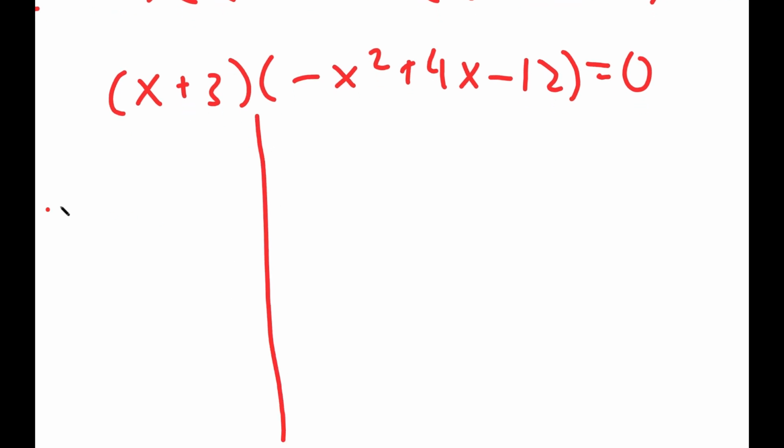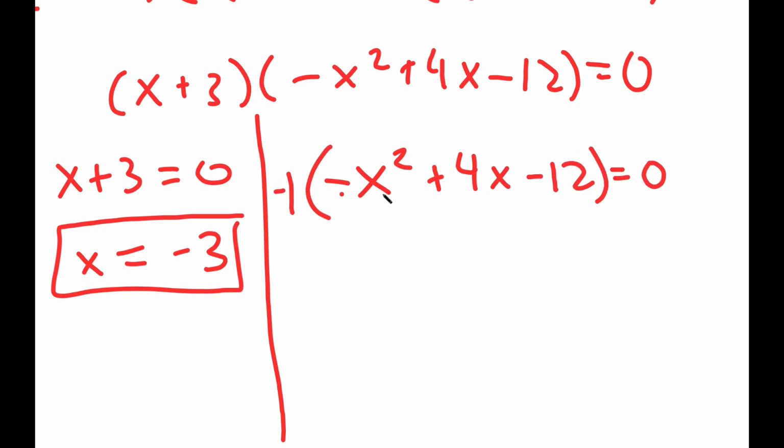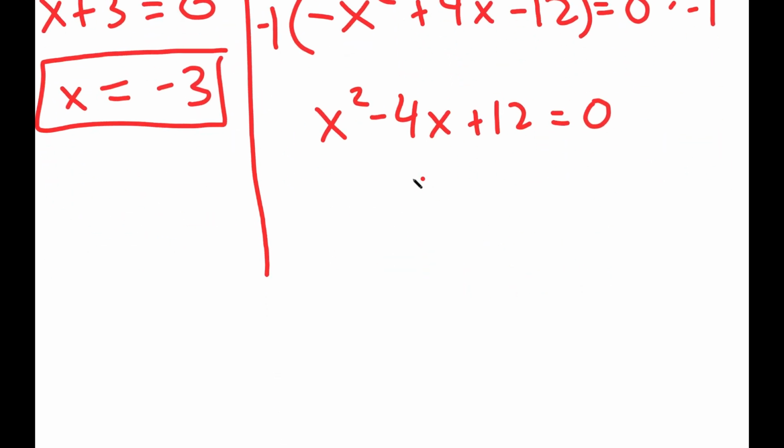So now from here, this gives me two equations. I get x plus 3 is equal to 0, meaning x is equal to negative 3, and negative x squared plus 4x minus 12 is equal to 0, which if I multiply both sides by negative 1, I get x squared minus 4x plus 12 is equal to 0.